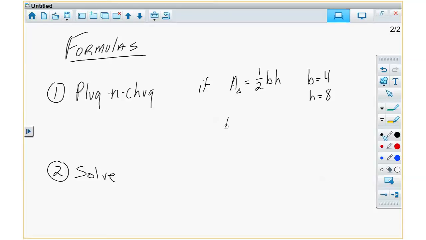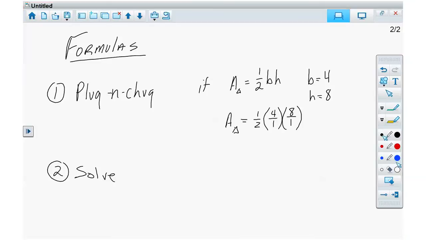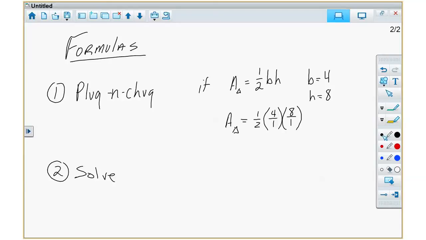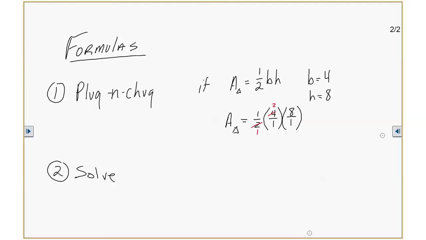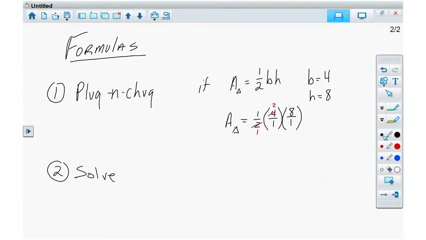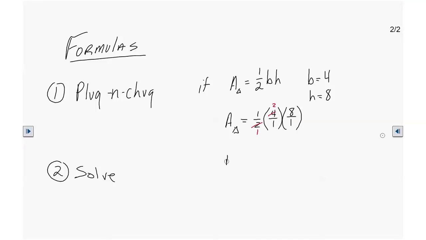So the area of a triangle with a base of 4 feet and a height of 8 feet is 1/2 times 4 over 1 times 8 over 1. Now the reason I made everything a fraction is to bring back your fraction rules of multiplication. And that 2 will cancel. That'll be 2 times 8 is what? 16. And the area of that triangle is equal to 16.